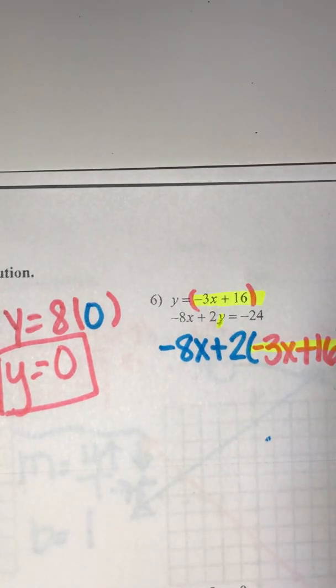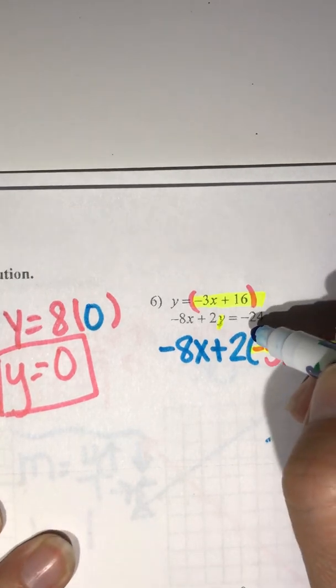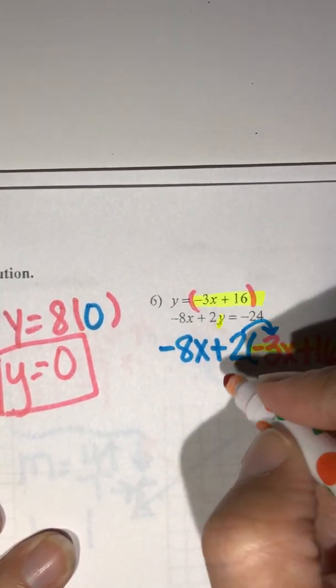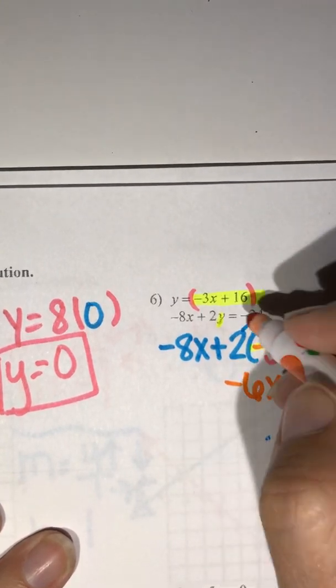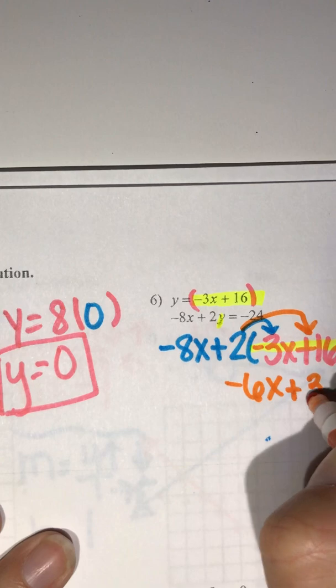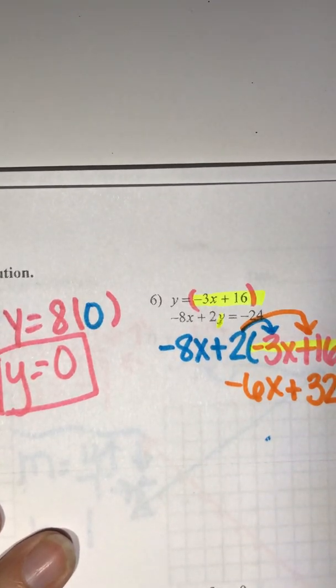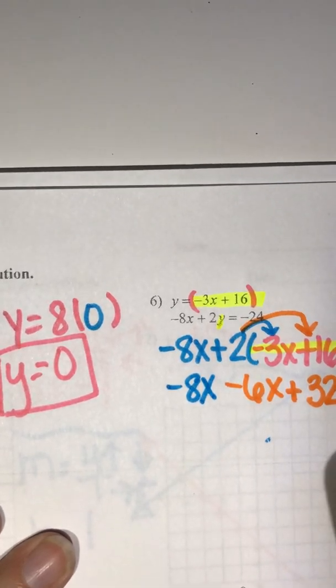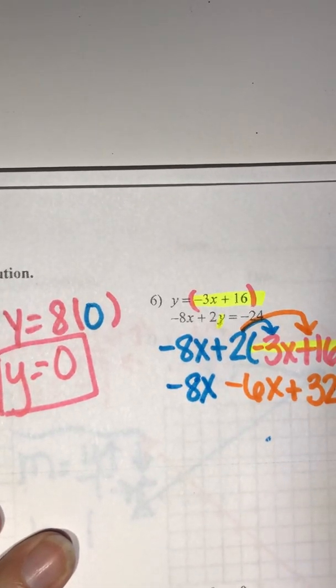So step 1 to solve this is you have to distribute. 2 times negative 3 is negative 6x, and 2 times 16 is a positive 32. And then I bring down everything else that I did not touch. So bringing down my negative 8x, my equal sign, and my negative 24.